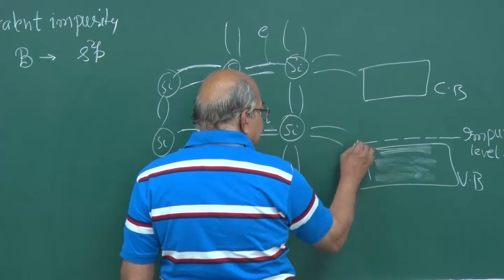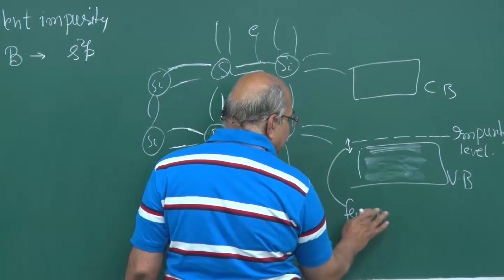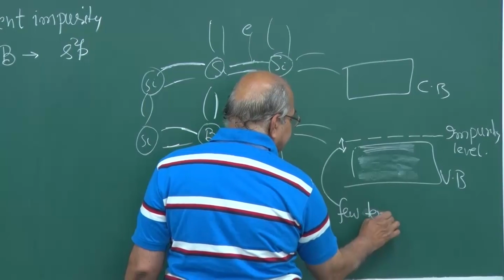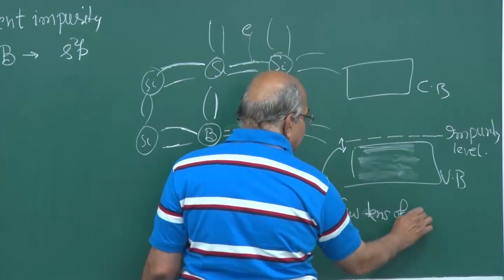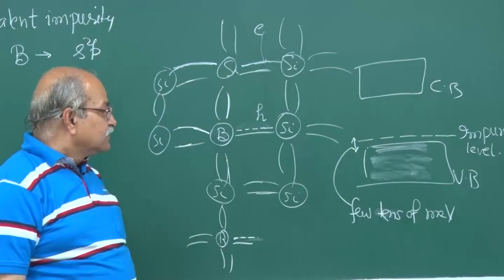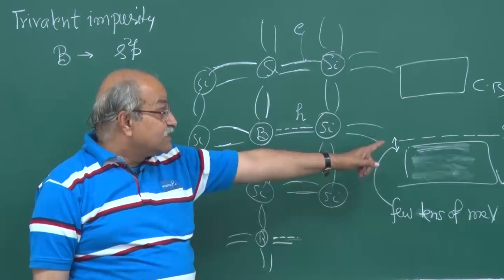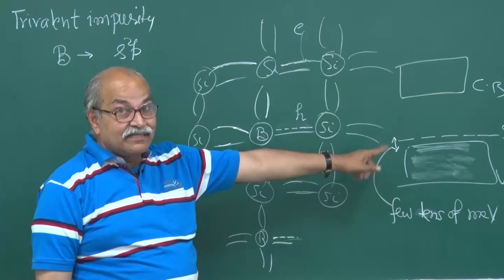Once again, this is a few tens of milli electron volts, right? 10, 20, 30, 40 milli electron volts, that is this. Empty states are there, remember, empty states are there.